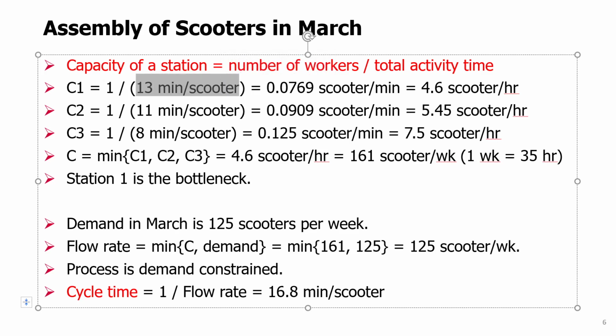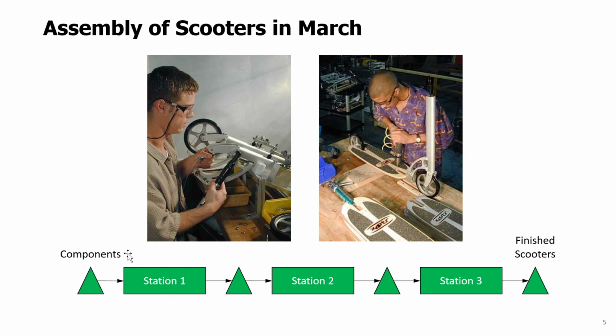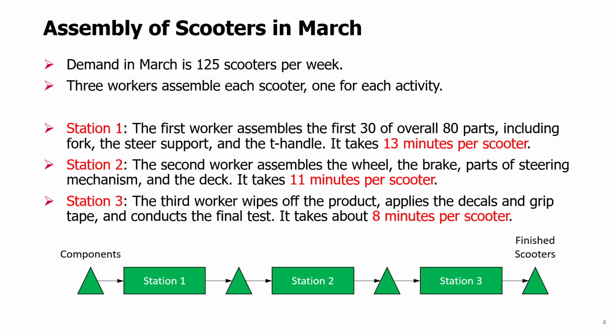What's the reason for this? Well, if worker 1 needs 13 minutes for each scooter, then station 1 will finish 1 scooter after 13 minutes and start working on the next scooter. That means that station 2 will not get its input faster than 1 every 13 minutes. Because of this, even though it finishes the scooter in 11 minutes, it will have to wait 2 more minutes for the next scooter to arrive, right?